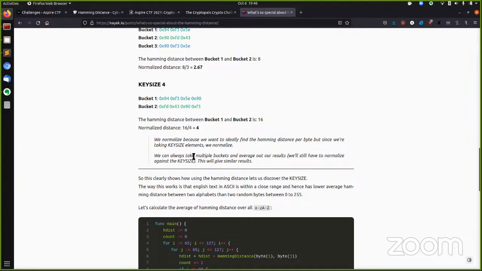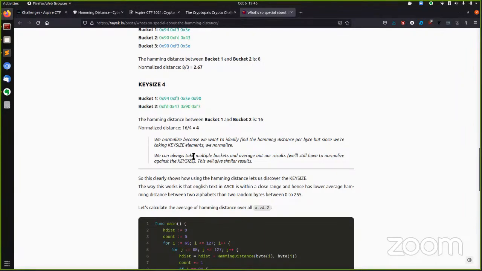So if it was a higher Hamming distance, it would mean a greater disparity between two data sets. So if, let's say, I XOR ABC with XYZ, the Hamming distance for that still wouldn't be that high. It's within the ASCII key range, so the Hamming distance would be very low.